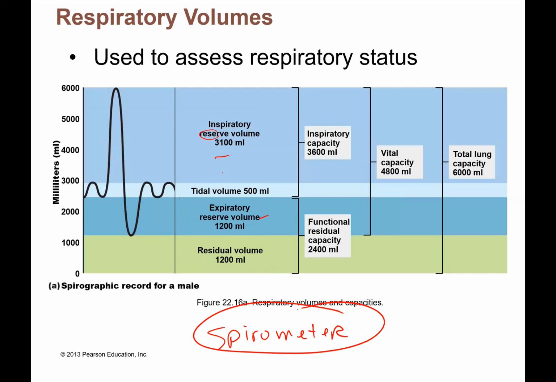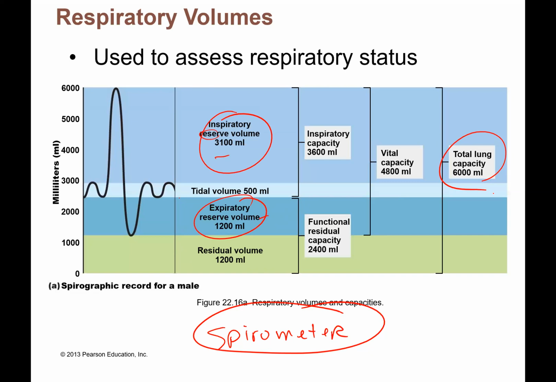Then have them inhale as far as they can, see what kind of number you get, and then have them exhale as far as they can, see what kind of number you get. Then you can start doing your math to get total lung capacity.